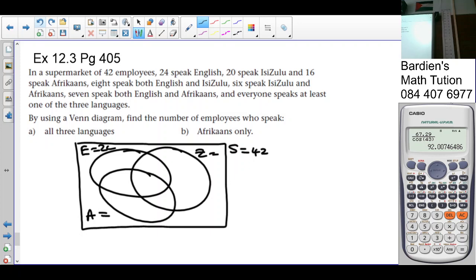That is 24, 20, and 16. 8 speaks both English and Zulu. So write that in. So if 8 speaks English and Zulu, so both these parts are going to be 8. Not so? So I can't put 8 there, nor there. Not so? You all okay with that?